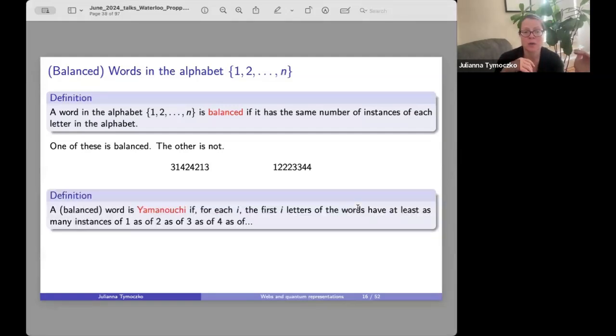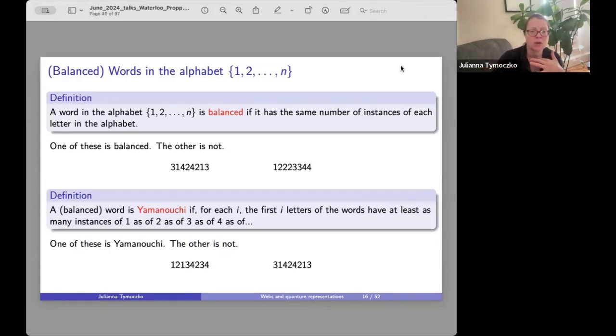And a word is Yamanouchi if for each i, the first i letters of the word have at least as many instances of 1 as 2, and 2 as 3, and 3 as 4, and so on and so forth. So one of these is Yamanouchi, the other is not. I'm going to pause for a second. Let's see.